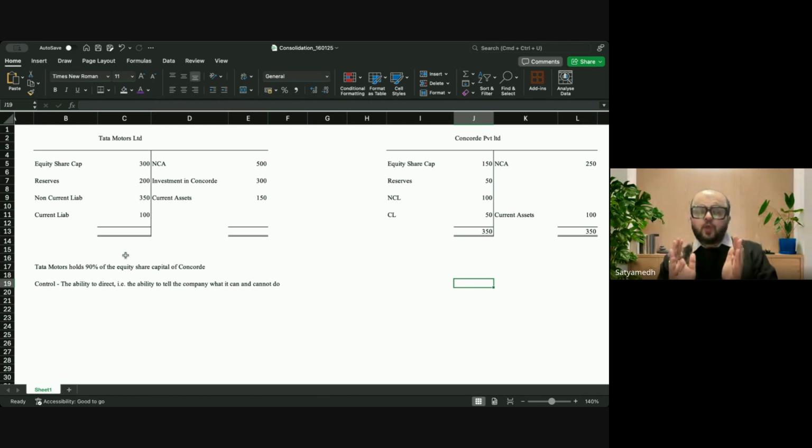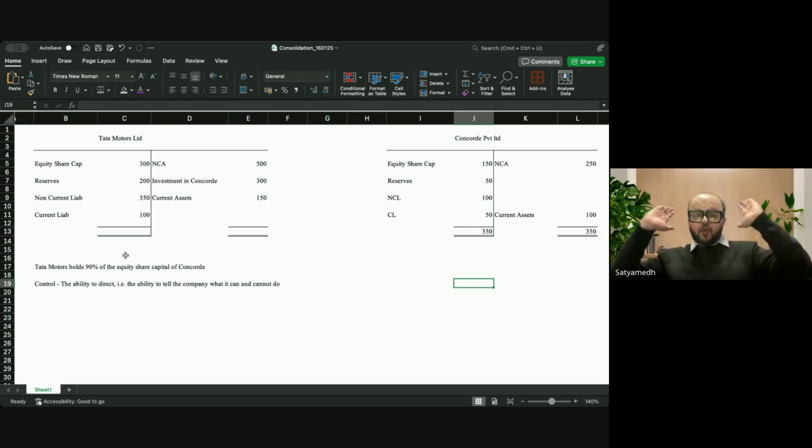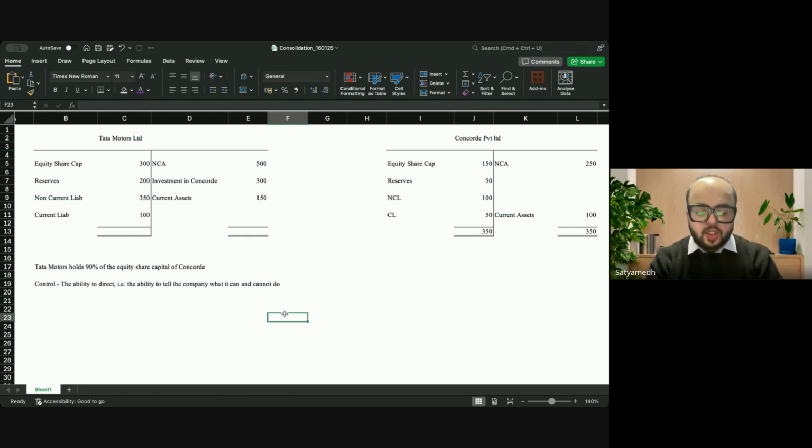They have a right to know कि Tata Motors का 500 का खुद का नॉन करंट असेट है and it also owns 90% of the other company. So if you want to give a complete picture to the users of financial statements, you should basically combine the two financial statements. ठीक है? You should basically combine the two financial statements.